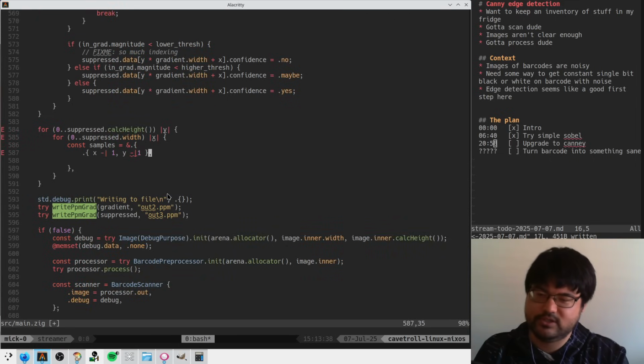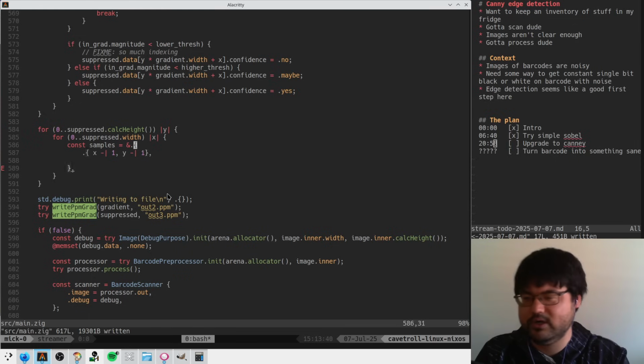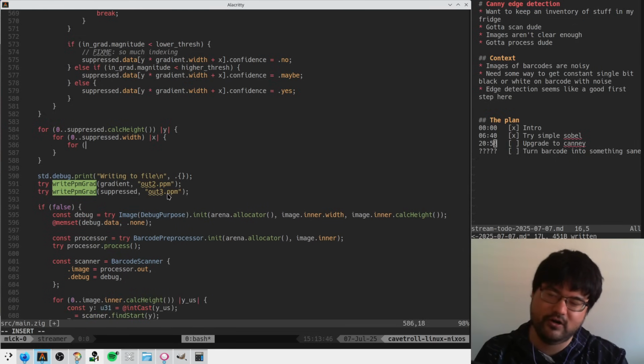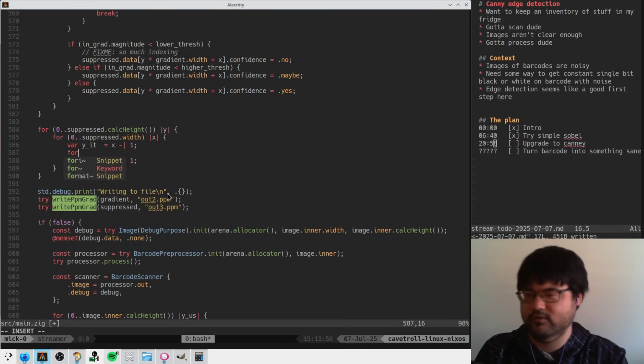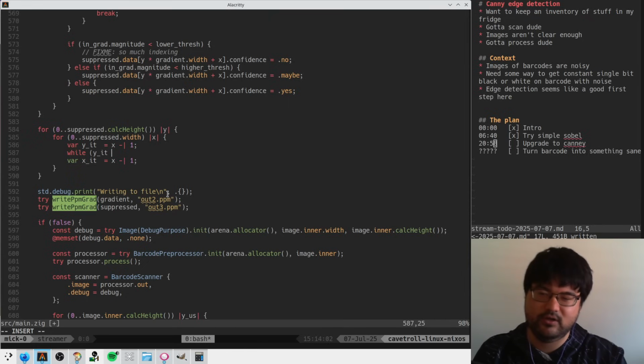I'm sure there's a better way to do this. Yeah, this is just a loop for var x iter is x sub 1, and y iter while y iter is less than y plus 1, less than or equal to, I guess.